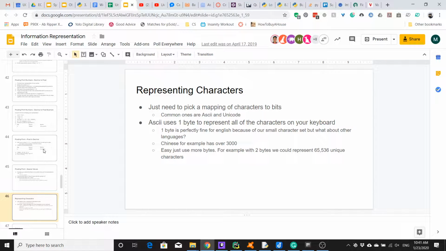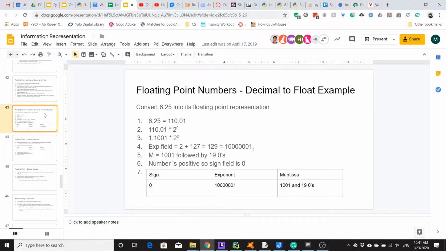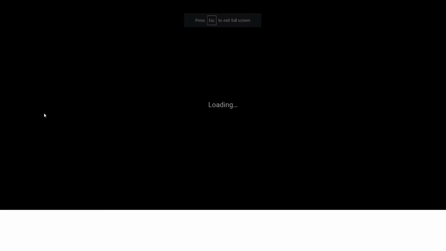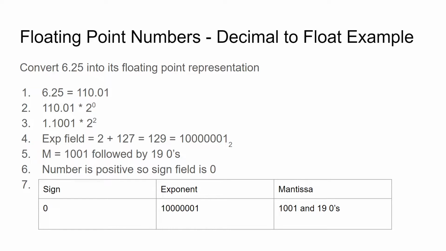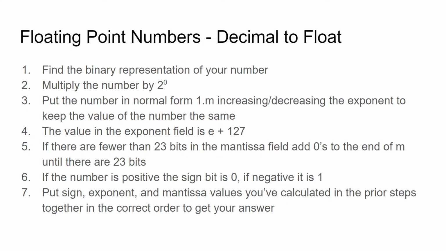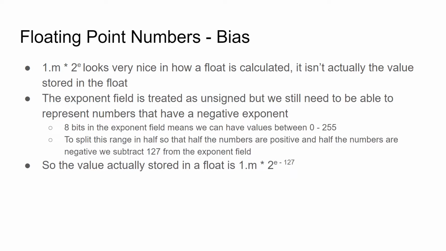So again, we were talking about floating point numbers last time, right? Remember, our floating point numbers are represented using scientific notation, but that scientific notation is in base 2, right? And all of our numbers have to have the form 1 point mantissa times 2 to the exponent minus 127, right?